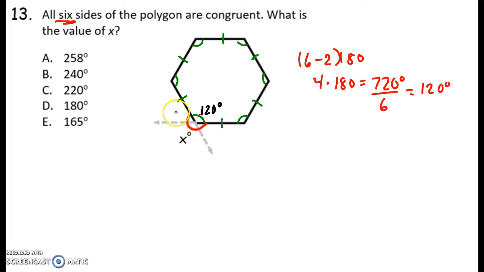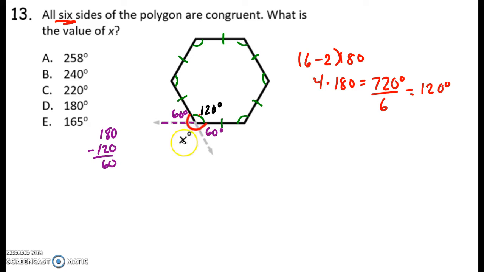Well, now, if you look at this dotted line here, if I extended that side out, these are linear pairs. So 180 minus 120 is a total of 60 degrees. So this is 60 degrees, and this also has to be 60 degrees.